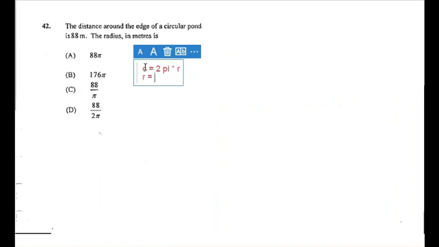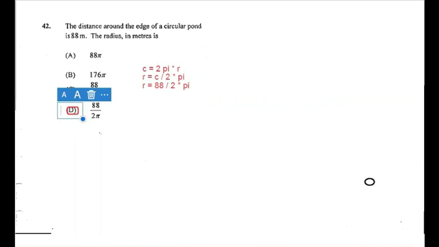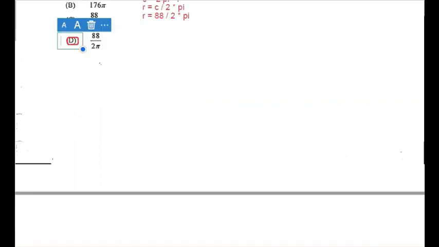So radius is equal to circumference, and all of that will be divided by 2 times pi, and we just fill in the numbers. So radius is equal to 88 divided by 2 pi, and as you can see, that corresponds with D. So 42 is D, and that is our answer.